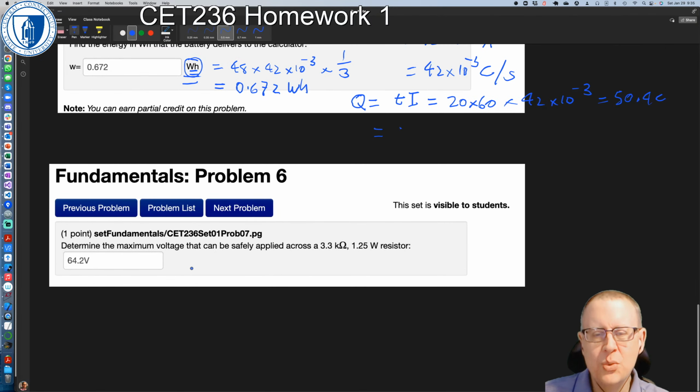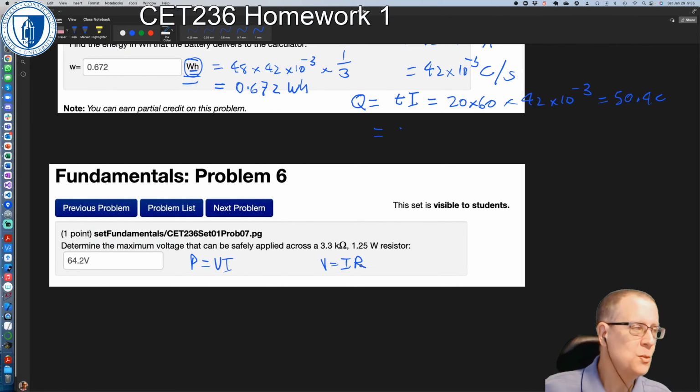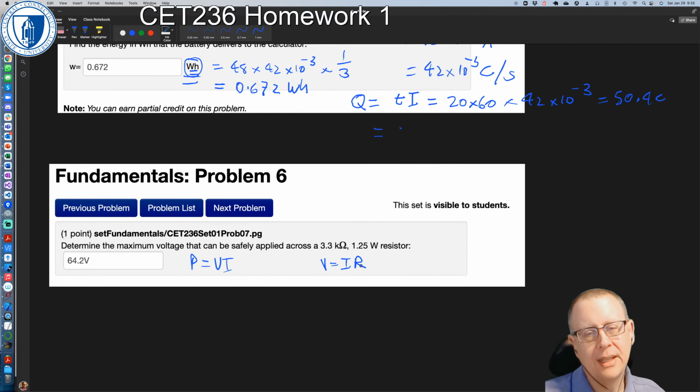Right, so we have two relationships here. We have P equals VI and V equals IR. So oftentimes we combine these two equations.